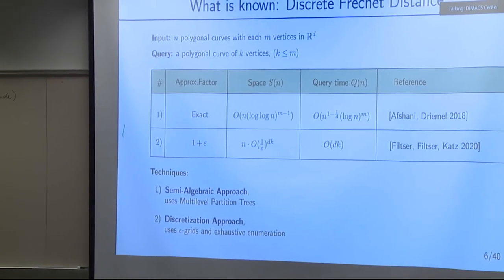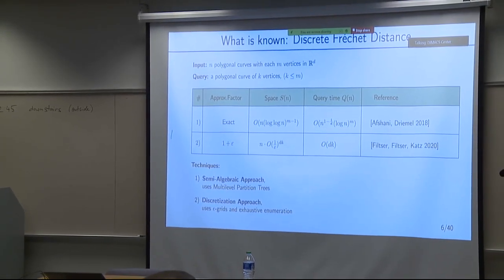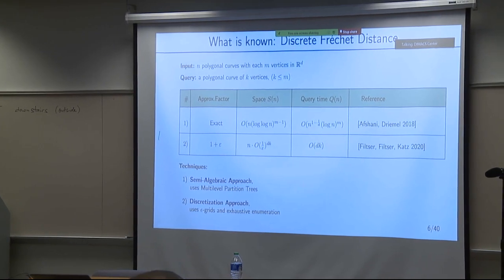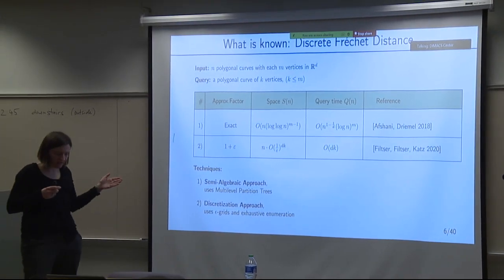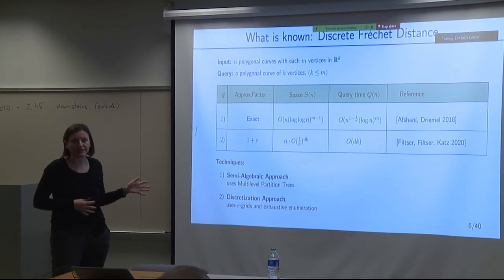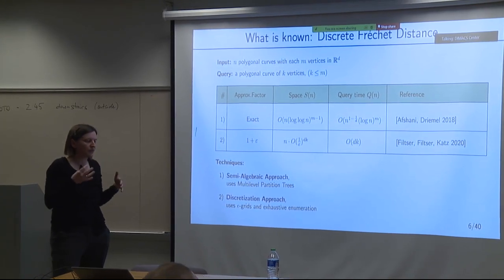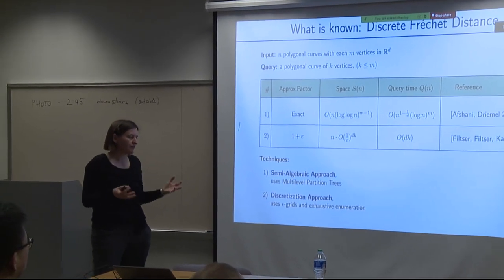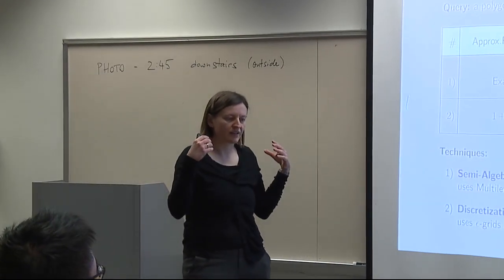Okay, so what's known for the discrete Fréchet distance? There has been a lot of work on this, including earlier work that I'm not mentioning here, and work for specialized variants where you only look at certain types of queries.